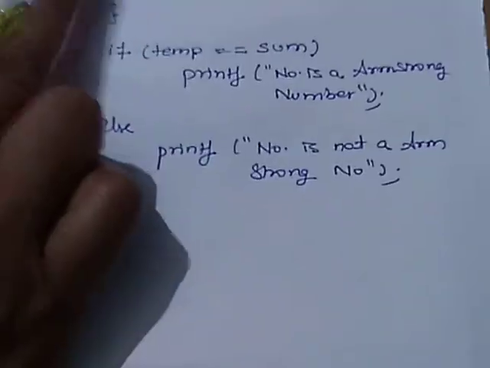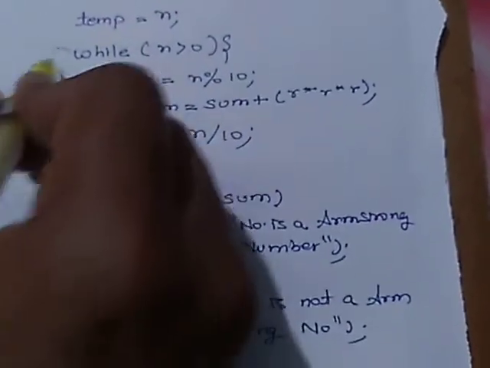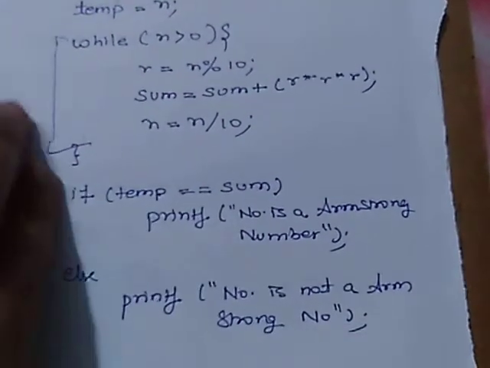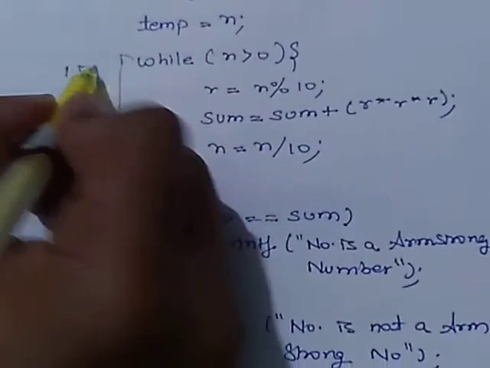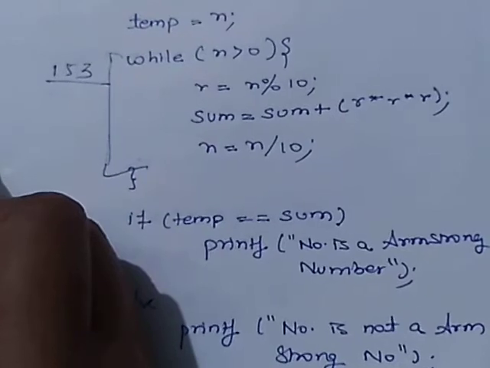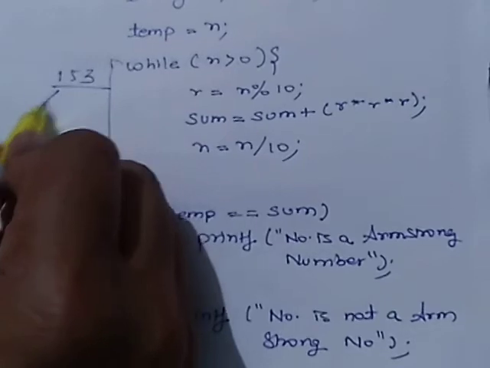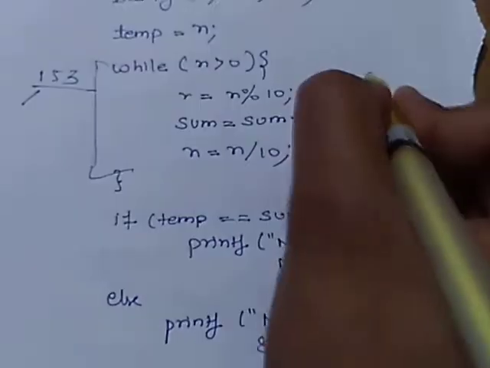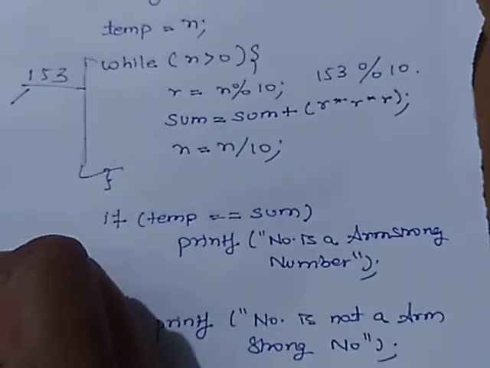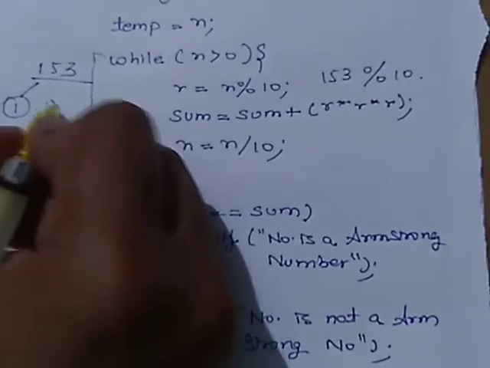So let us look towards the logic of this program by tracing the number. Suppose we have a number 153. What we have to do, we have to separate these digits. So 1 is separated, r equal to n percentile 10, it means 153 percentile 10. So what we will get here, we will get 1, and we have to take the cube of this number by multiplying this.